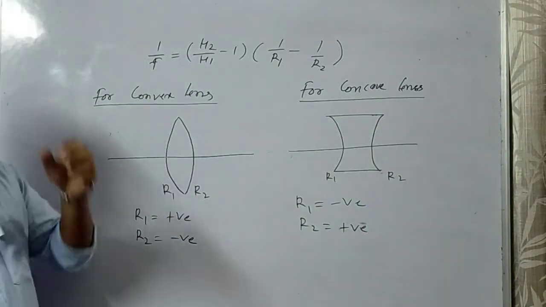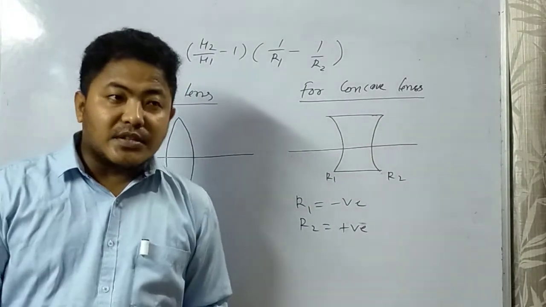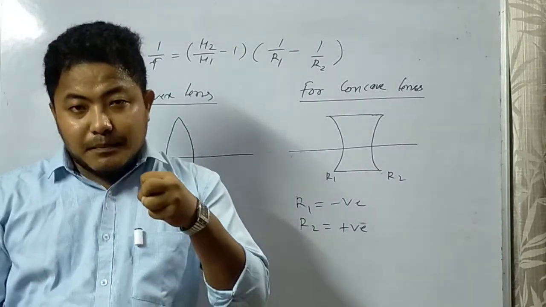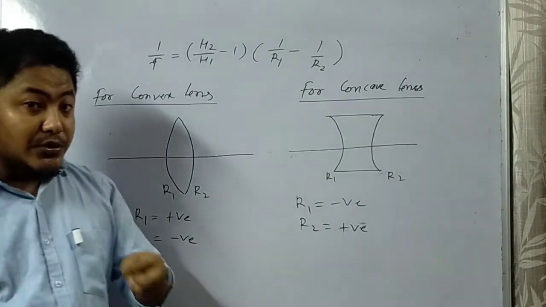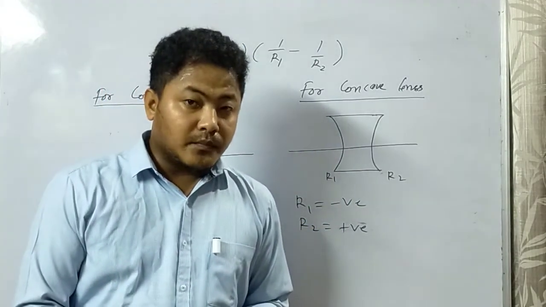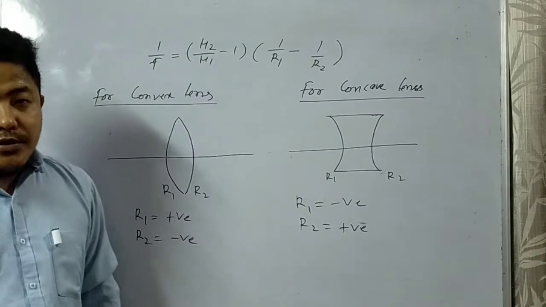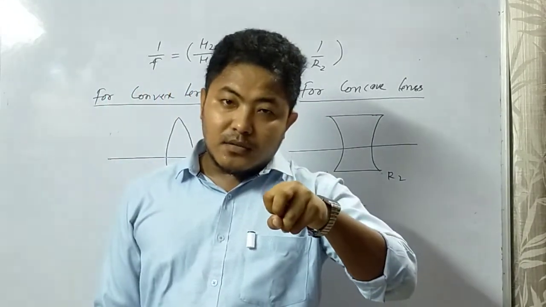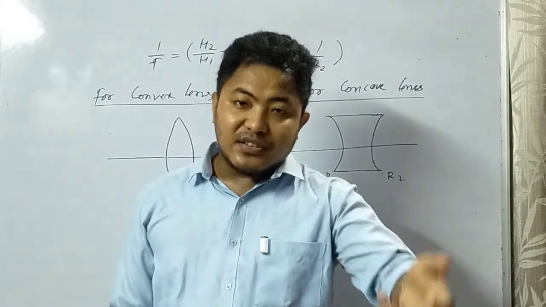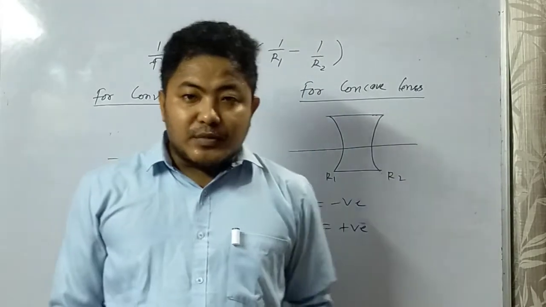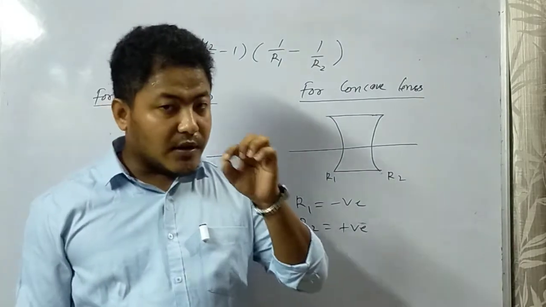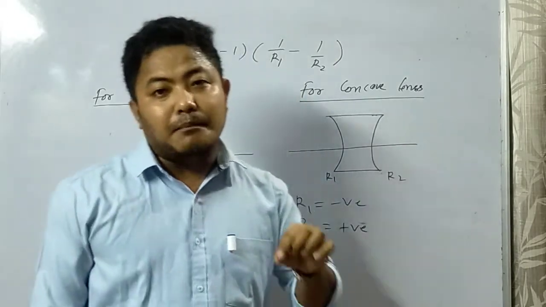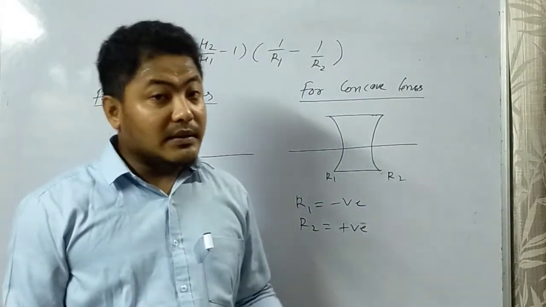Is that clear? And I have told you, diopter is the SI unit of the power of a lens. If somebody asks you what is 1 diopter: if the focal length of a lens is 1 meter, then the power of the lens is 1 diopter.